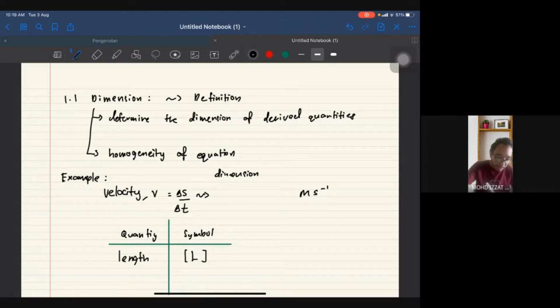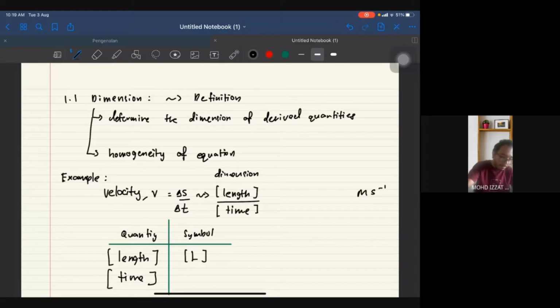So s is actually your length. So if you write in terms of quantities like that, ada bracket. Okay, below here is your time. Ada bracket. So time, simbol time apa?